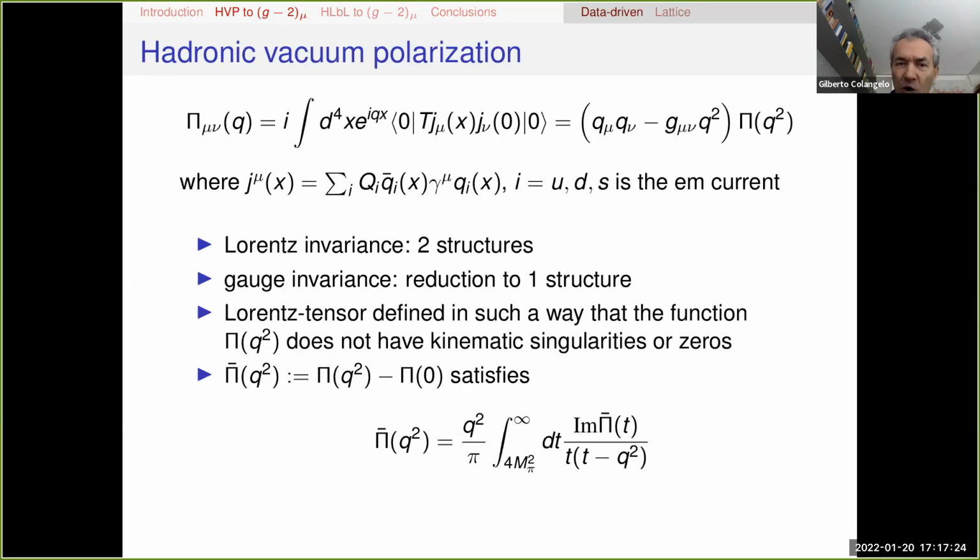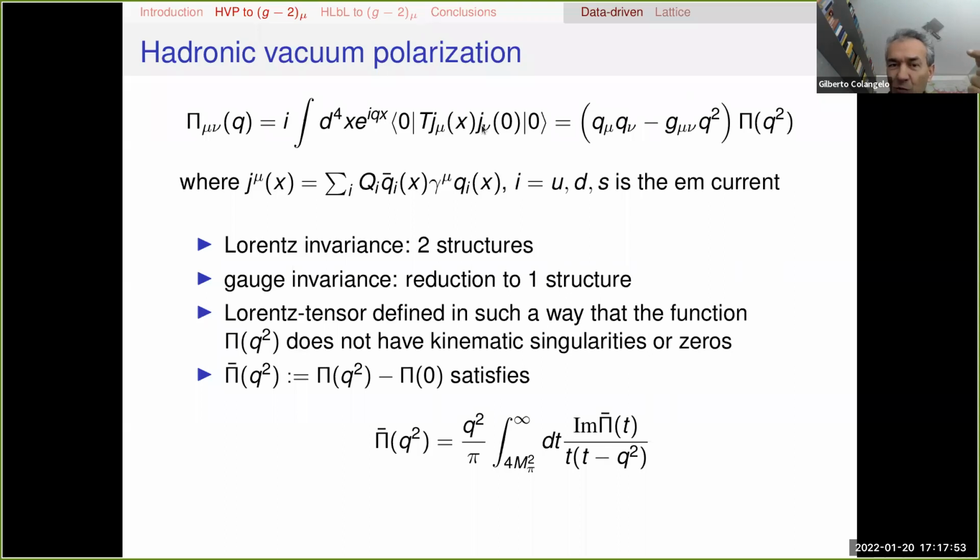So first of all, the quantity which we are interested in is the hadronic vacuum polarization, which is the two-point function of electromagnetic currents in QCD. You see that this is a Lorentz tensor with two indices, but it can be written in this form because it can depend only on one momentum.